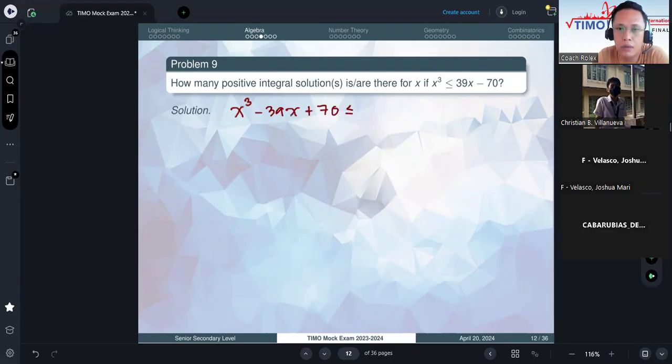So for this problem, we'll try to factor each of these numbers. Now, for 70, the prime factorization of 70 is 5 times 7 times 2.